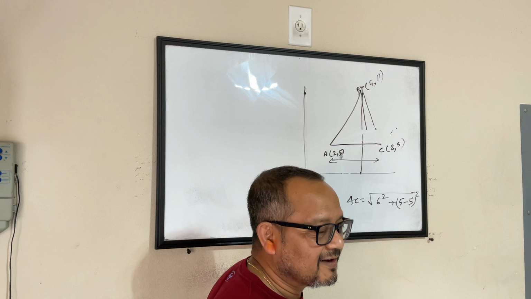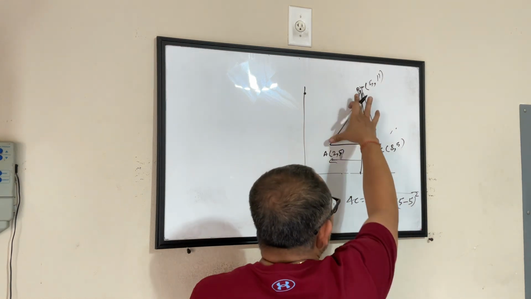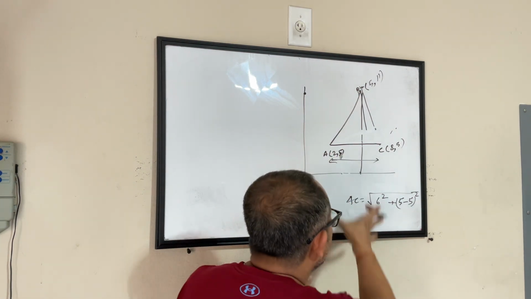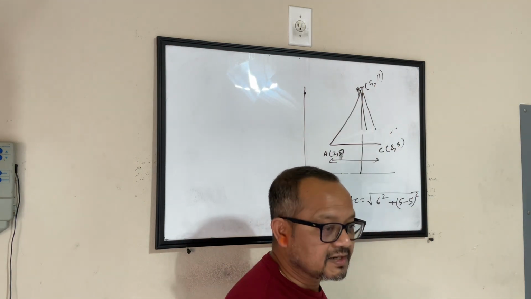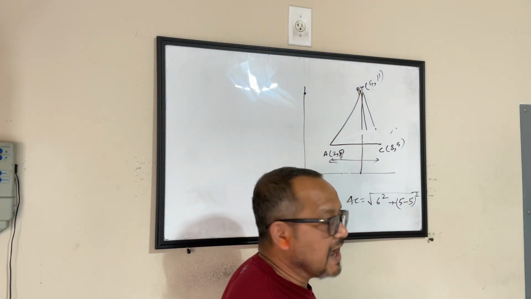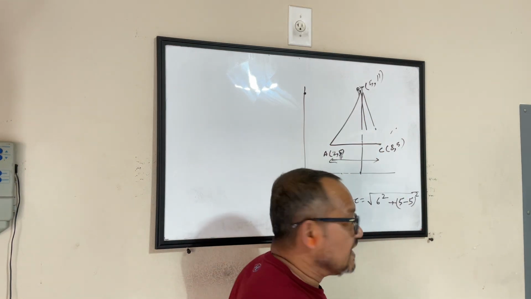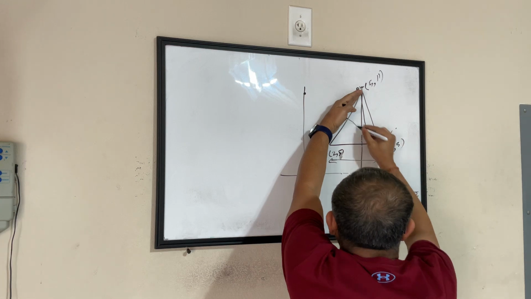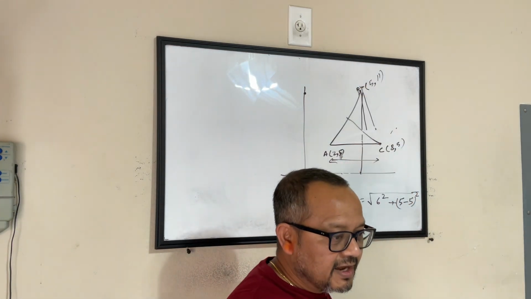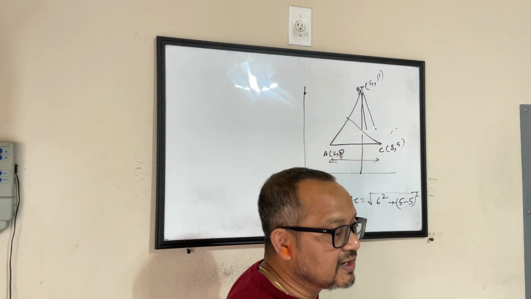I was asking for AB. AB. But we don't need AB here, right? Because if I'm taking this as a base, I would take this as a height. I would not use AB, right? If I'm using AB, then I need this height from this point to this perpendicular line. And with the given information, that will be difficult to find, isn't it?